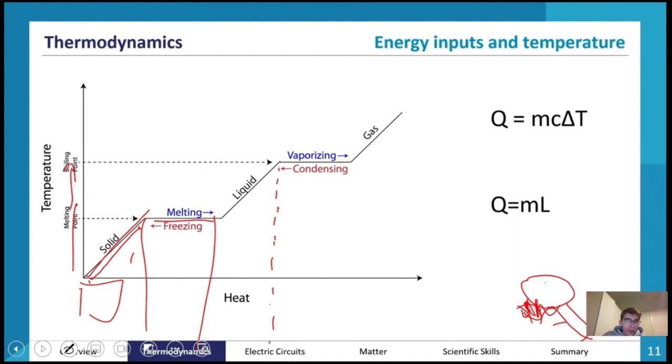And then during the vaporization stage, the water will still absorb heat energy because again there is a flame underneath it. The temperature of the water will not change.